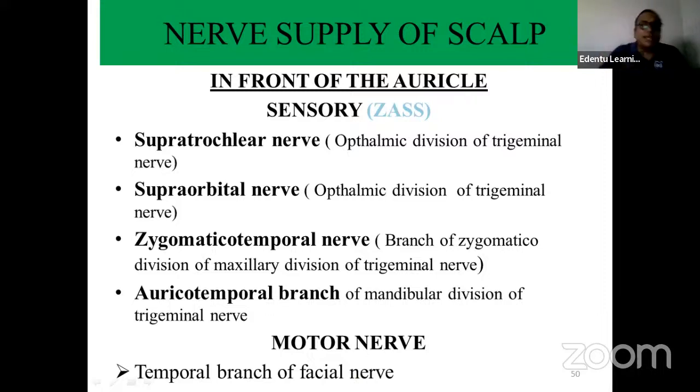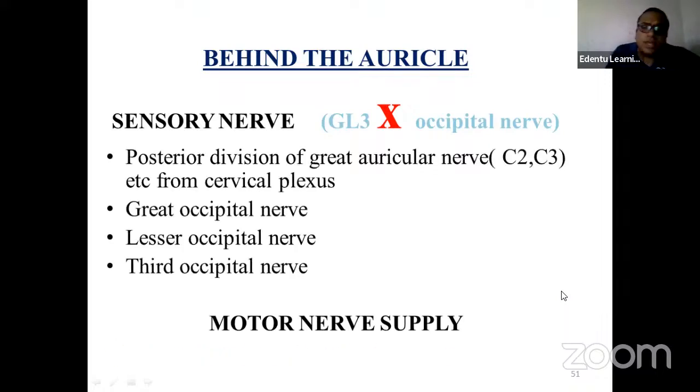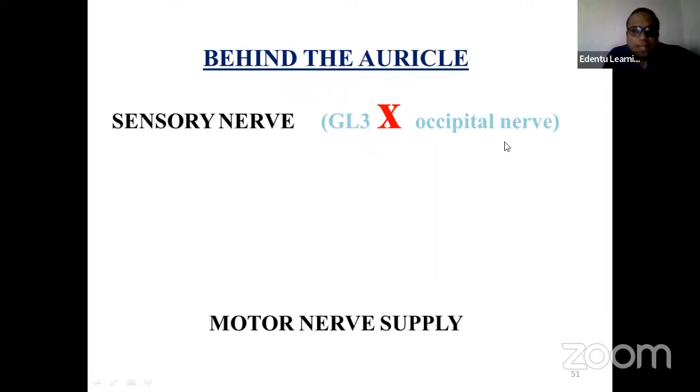Temporal branch of facial nerve, 7th cranial nerve. Sensory is by the 5th cranial nerve, trigeminal. All of them are branches of the 5th cranial nerve. So here outside you can write 5th cranial nerve in your textbook, and motor nerve is by the 7th cranial nerve. ZASS. Similarly, behind the auricle, you have again 4 sensory, 1 motor. The 4 sensory you can remember like GL3 into occipital nerve.